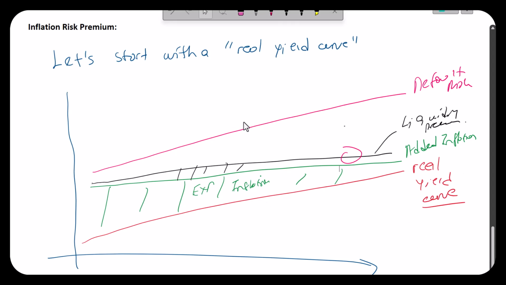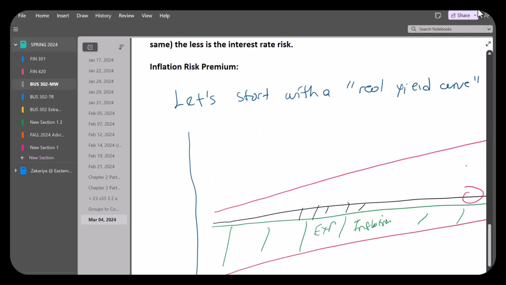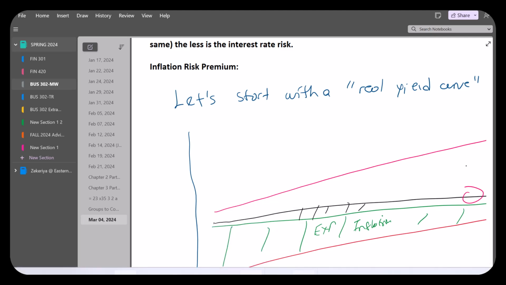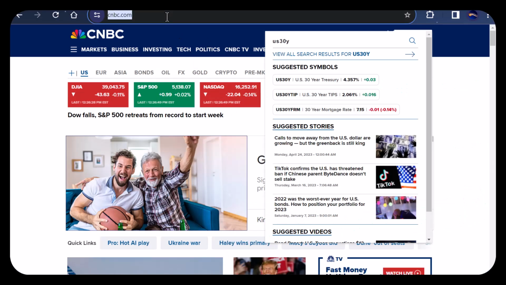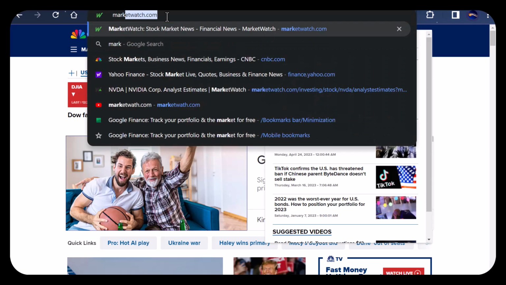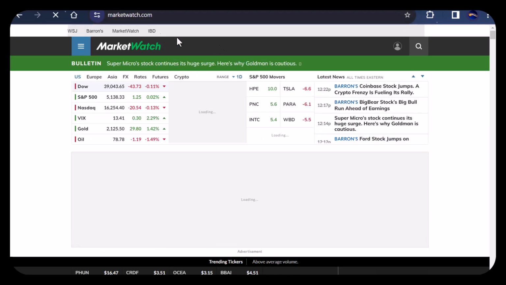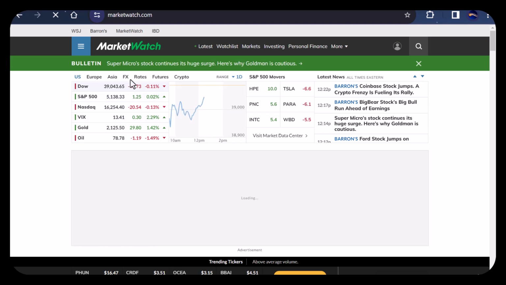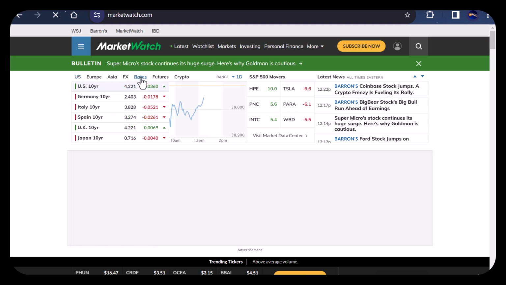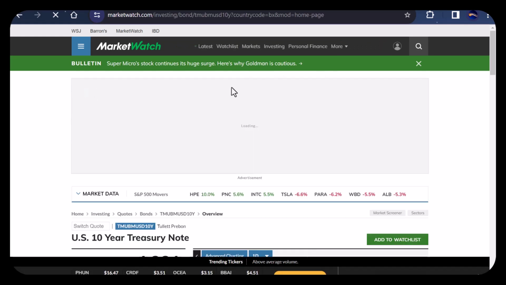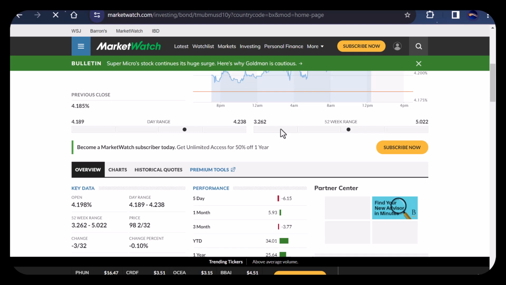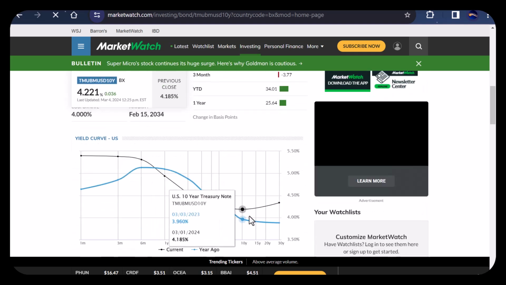And to see that there's kind of a peculiar thing going on, let me show you that, and I'll send you guys home. In fact, we have only 4 minutes left. Let me go to marketwatch.com because they get a better picture. If I pick rates, okay, let's look at it.